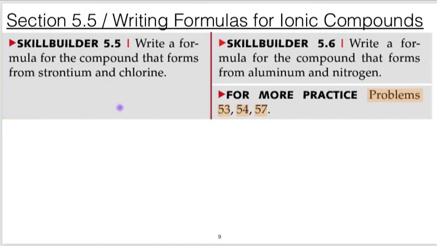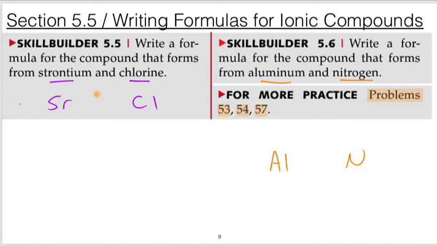Now, it's not open-ended, but when you first read it, it may seem a bit vague: strontium, chloride, aluminum, and nitrogen. What you have to realize here is that all of these elements, strontium, chloride, aluminum, and, well, it'll be nitride in a second, have charges.